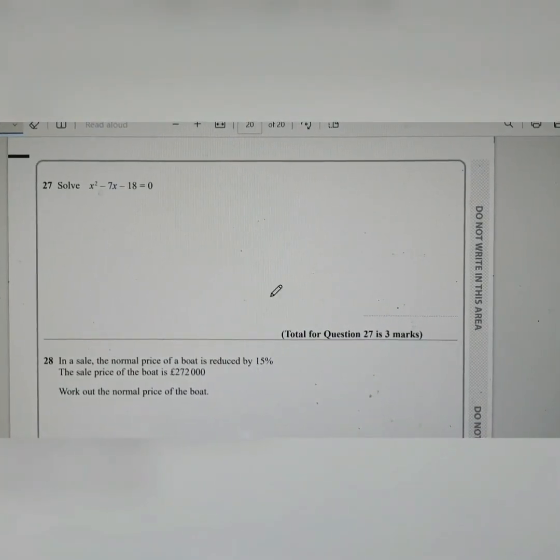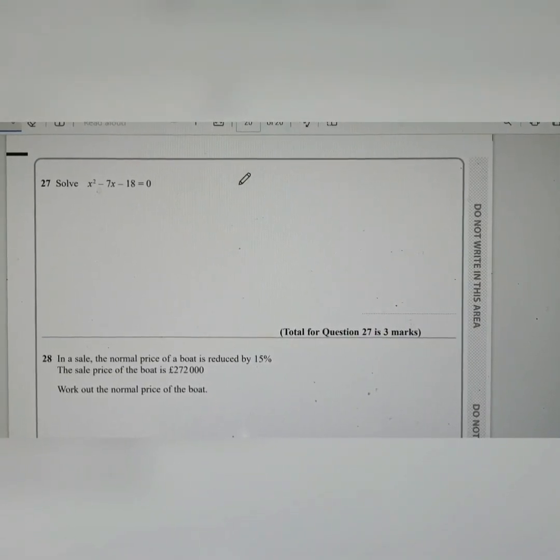Solve x squared minus 7x minus 18. So the product is 1 multiplied by minus 18, which is minus 18, and the sum is minus 7. So I'm just going to write product again properly.